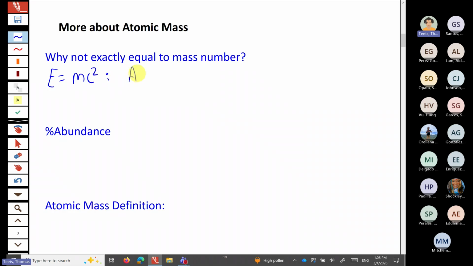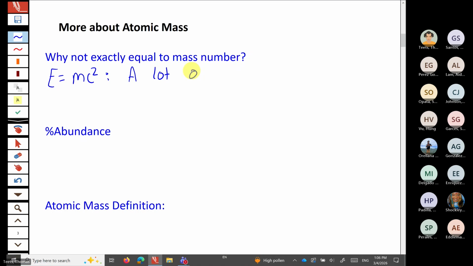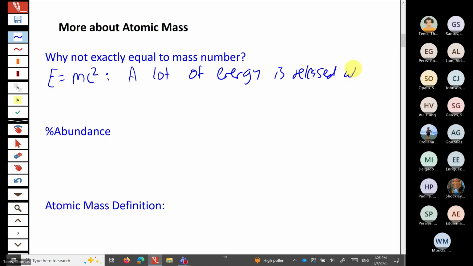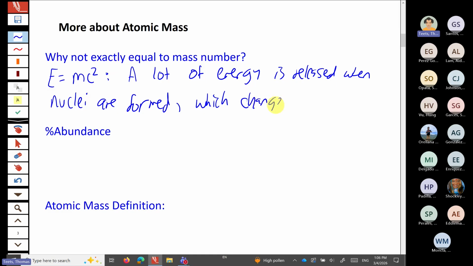And what happens is that when a nucleus forms, a lot of energy is released when the protons and neutrons come together. And since E equals mc squared, since energy and mass are related to each other, that changes the mass of the nucleus depending on how many protons and neutrons it has in it.